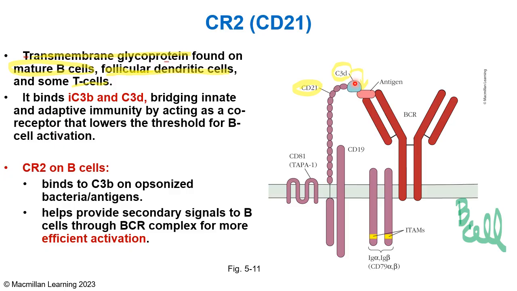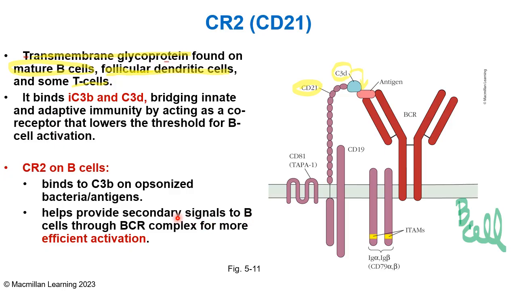It is interacting with the innate immune components and bridging it with adaptive, because antibodies are part of the adaptive immune system. Okay? So an antibody functioning on the surface of a B cell is already part of your adaptive immune system. So this receptor is really bridging the innate and the adaptive type of response. Okay, and it is important for activating your B cells.